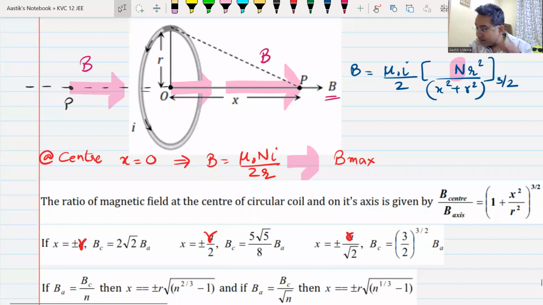Magnetic field at a very large or a very small distance. I've seen a couple of problems in different exams based on this. So if x becomes very large, what we are going to do is put the value of x as very large, and then the binomial expansion and all those things. We can neglect the radius r, and this is the formula that we are going to get.